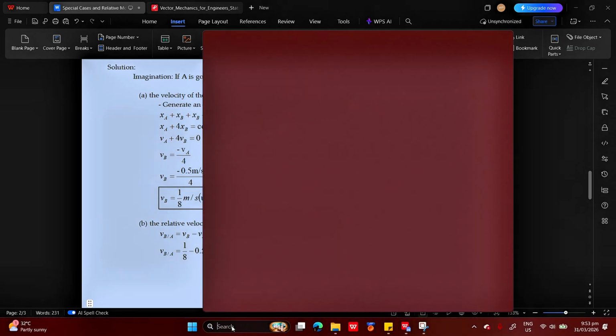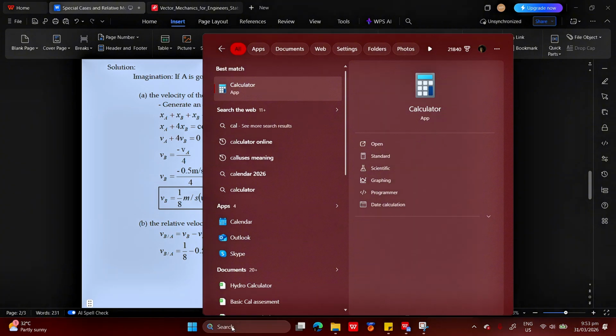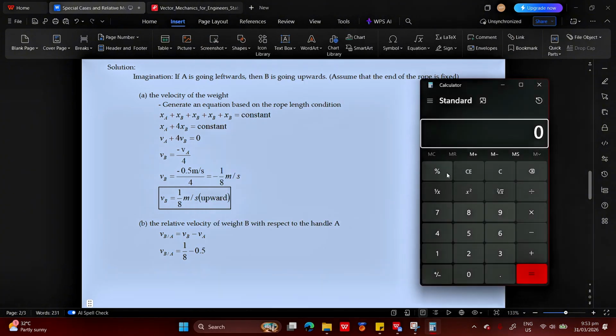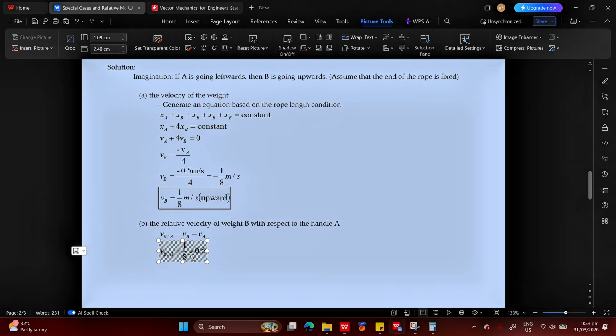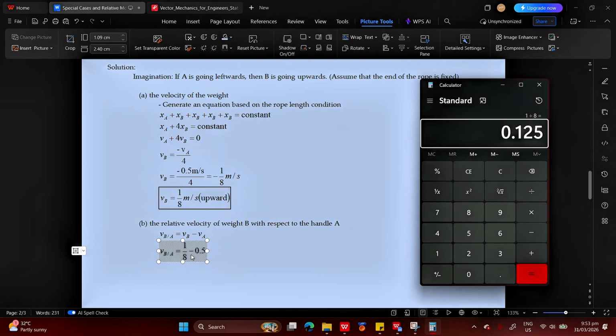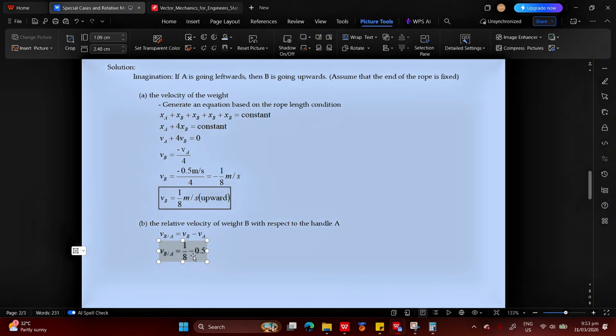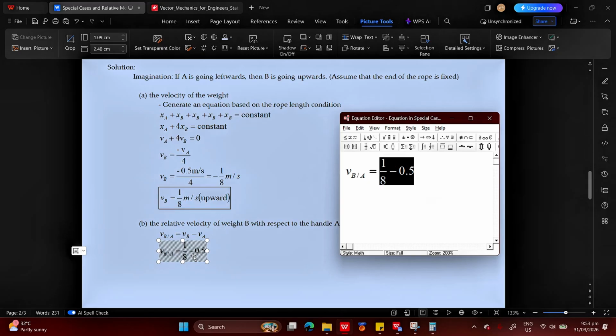I'm going to find a calculator because I'm very weak at calculating fractions. 1 divided by 8, 0.125. So it's actually 0.125, and if we add that minus 0.5, negative 0.375 meter per second.